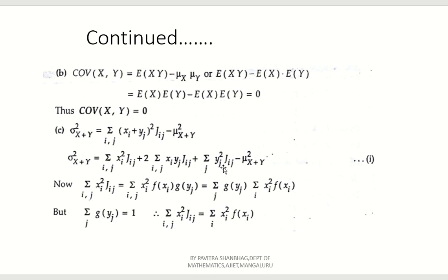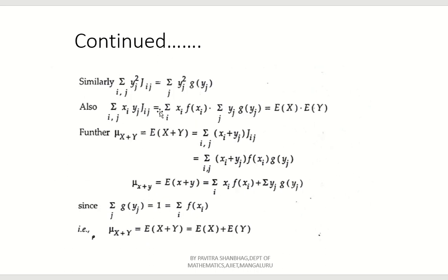So this can be written as summation g(yj) into summation xi square f(xi). But what is summation g(yj)? It is equal to 1. Therefore, summation xi square pij equals summation xi square f(xi), because g(yj) is equal to 1, so it becomes only xi square f(xi). Right?